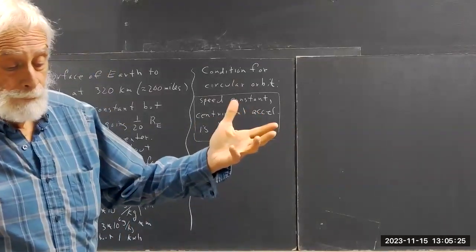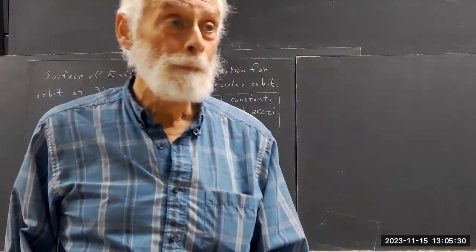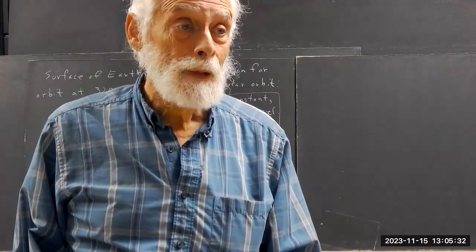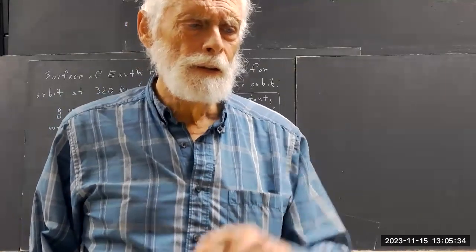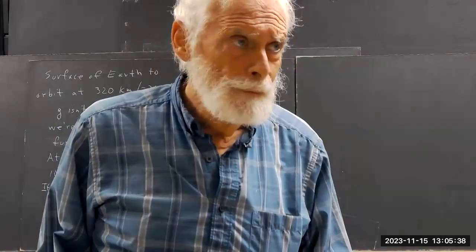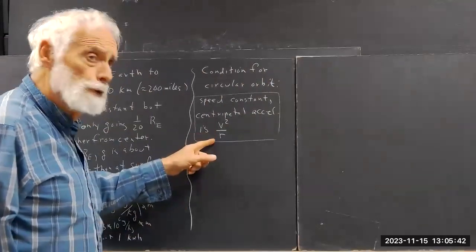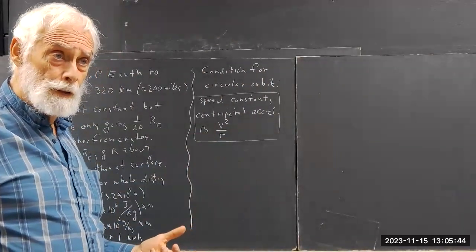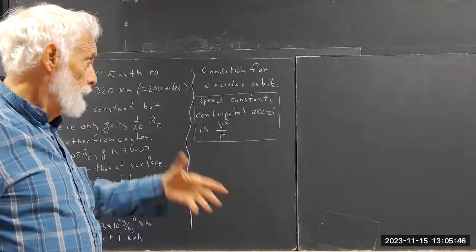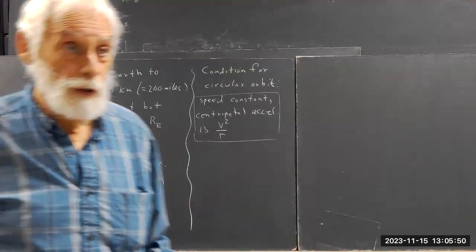Okay, so you're up there 200 miles and you've got to give things some speed. And v squared over r, where r is your distance from the center of the earth, multiplied by whatever your mass is, gives you the force you're going to need, right?